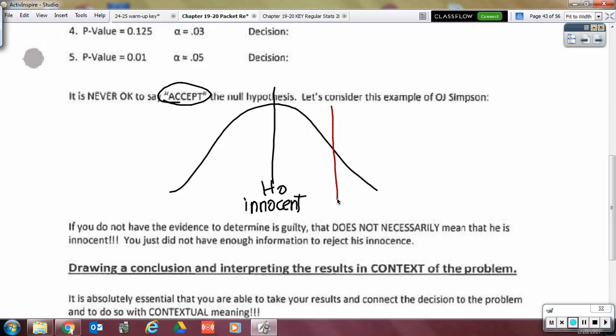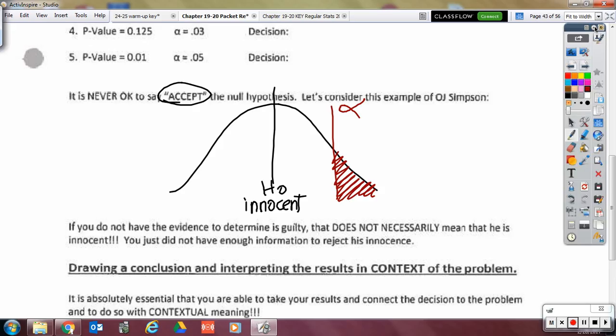Okay? Here we go. If I get a sample up here in the rejection region, I have enough data to reject his innocence. And if I reject his innocence, then what am I going to say that he is? Okay. So that's the deal.